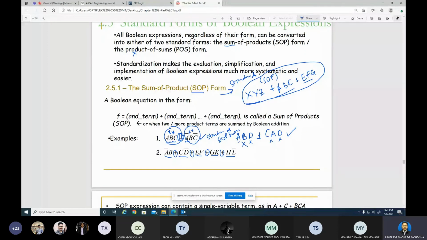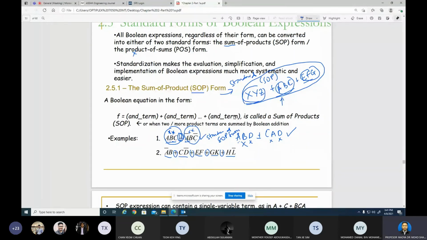For example, this one has X, Y, Z, but this other one doesn't have the X, Y, Z. We have different characters here, and also different characters there. So automatically we know this is SOP, but it's not standard.